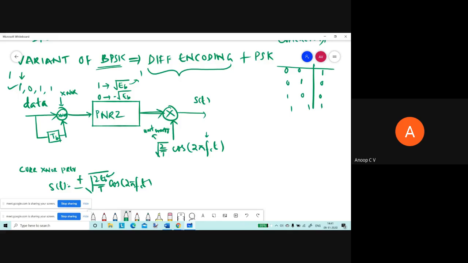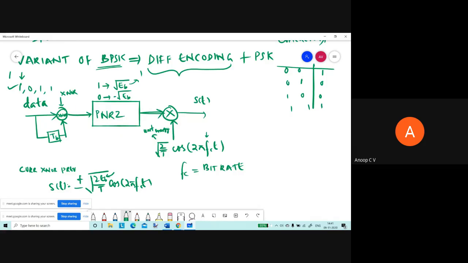But in our case, we will take the carrier frequency to be numerically equal to the bit rate, right? I want you to appreciate this concept. We'll be taking carrier frequency equal to bit rate.